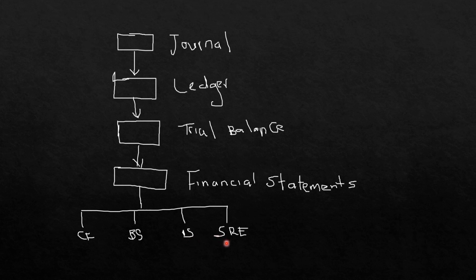Okay, then there is this statement of retained earnings. So you can only prepare these four statements, and this is where reports occur. What do you want to prepare after tracking all this record? At the end of the year, do you want to prepare a balance sheet?